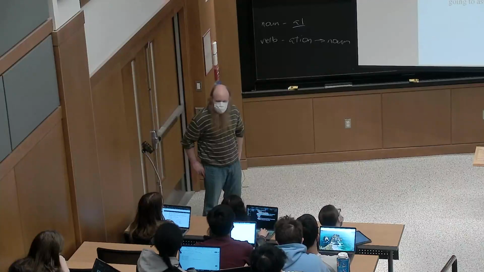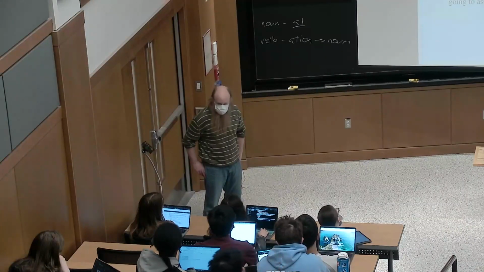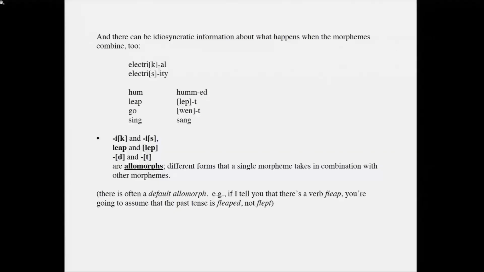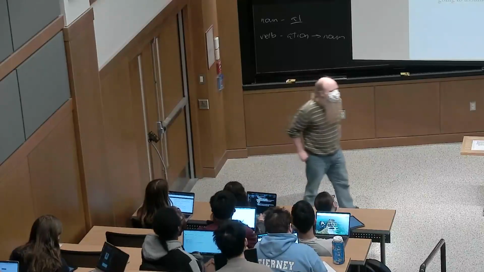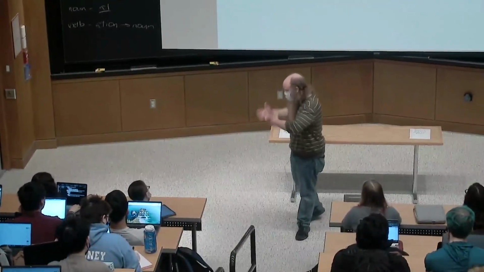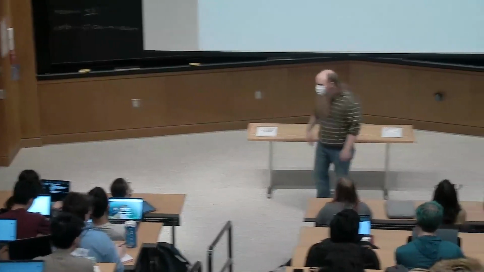Right? When we're trying to figure out what's going on with leap, that can't be what's going on. I guess I could have made that point in other ways. We have verbs like heap, like to heap up sand, and the past tense of heap is not hept, right? It's heaped. But similarly, if I make up a new verb, you're not going to apply what happens in leap to the new verb.